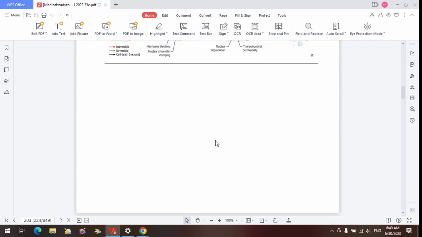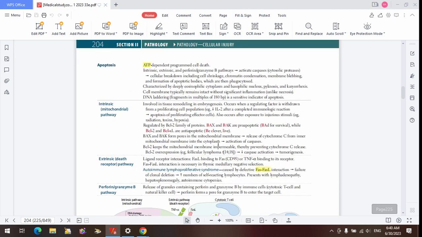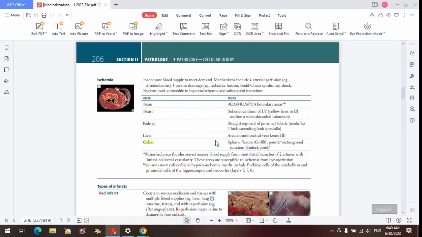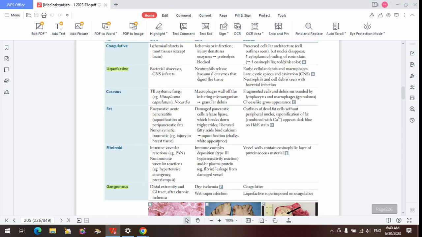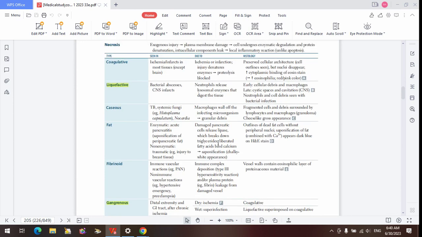It doesn't depend on that enzymatic action for its own process. It will happen independent of those enzymes. So the cell is going to undergo pyknosis, karyorrhexis, and eventual dissolution, and the nucleus disappears.